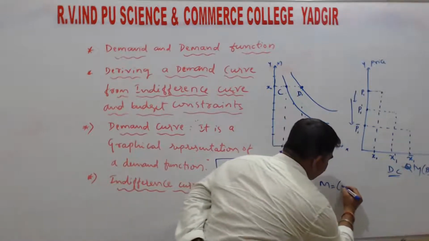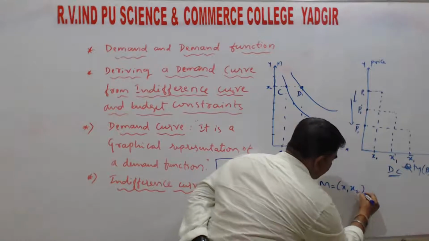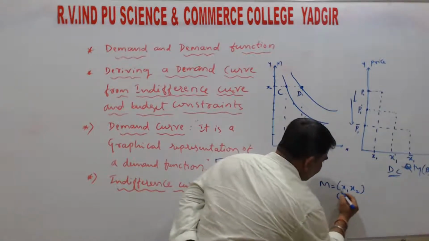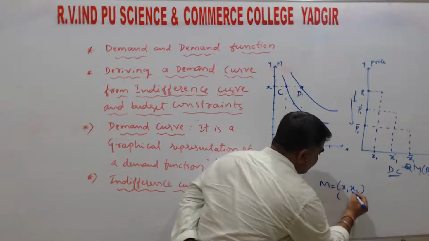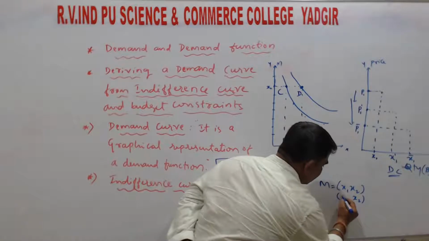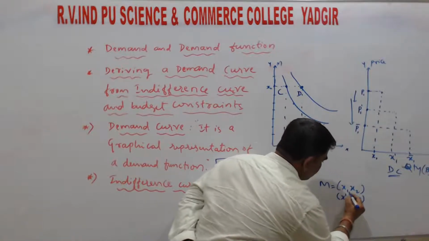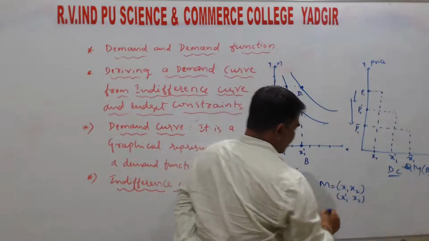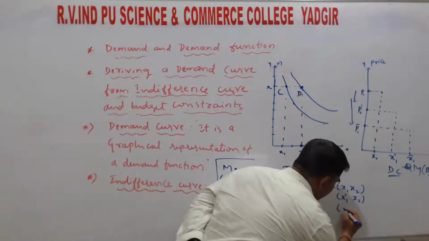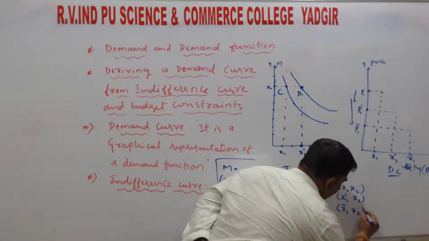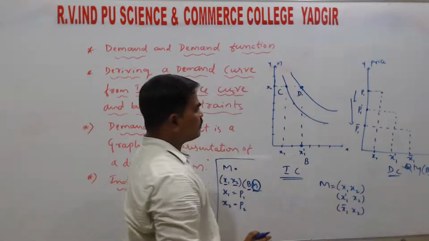With this income, the bundle includes X1, X2. If the price of the banana decreases, the mango quantity will remain the same, but a new banana quantity will come in this bundle. If the price further reduces, we will get a new quantity of banana and mango will remain the same.